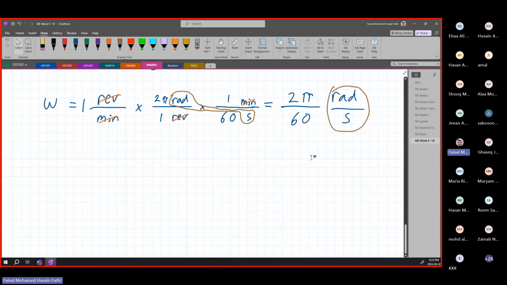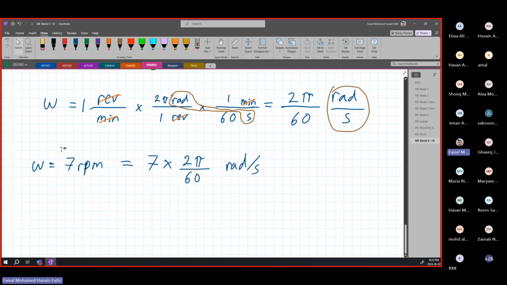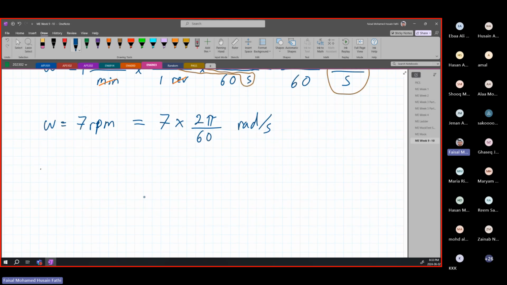So for example, let's say we have omega equal to 7 revolutions per minute, or RPM. This is going to be equal to 7 times 2 pi over 60 radians per second. And the opposite is also true. Let's say omega is given as 50 radians per second.